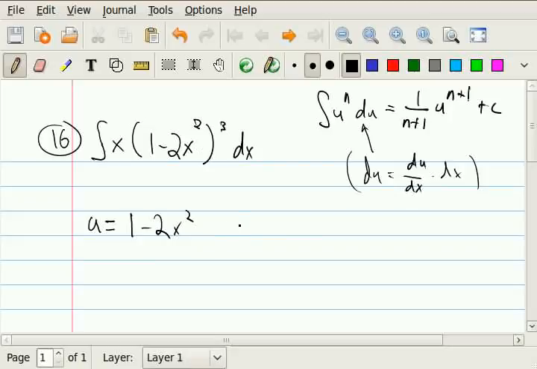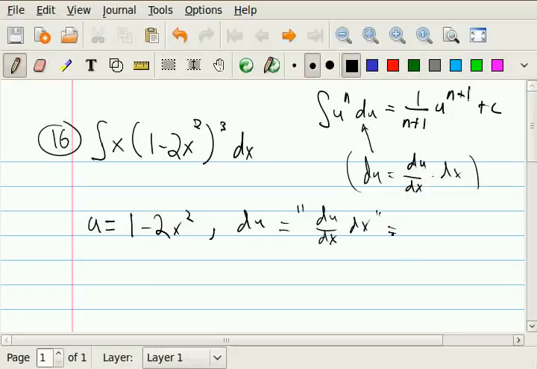Now, once I choose u, I have to also figure out what du is. Remember, if you look at the rule in the book, they have one more statement, which tells you that du is the derivative of u with respect to x times dx.